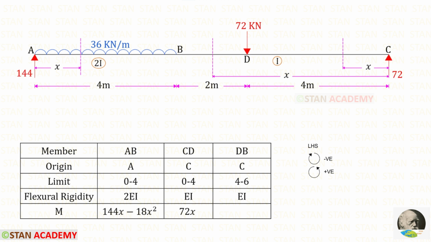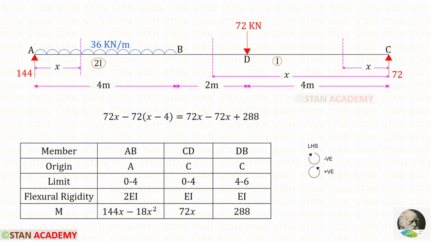Now let us find the moment M in the section in CD. We are going to find the moment from the point C. In this case, we have to follow the left hand side rule. Clockwise will be negative and anti-clockwise will be positive. RC is acting in the anti-clockwise direction, so it will be positive and the distance is x, so it will be 72x.